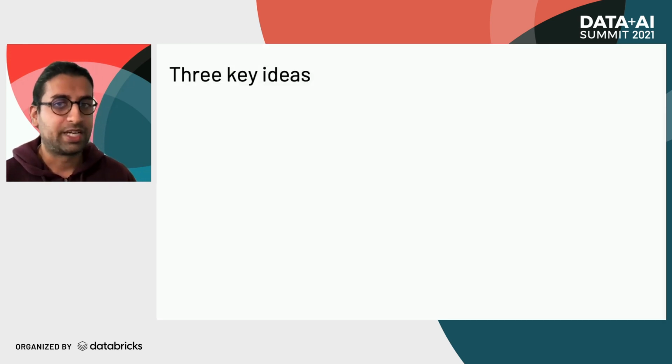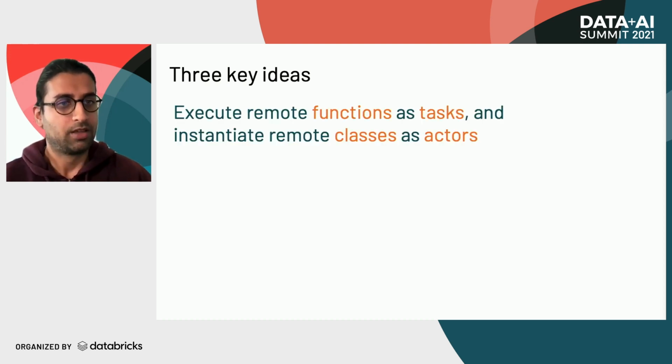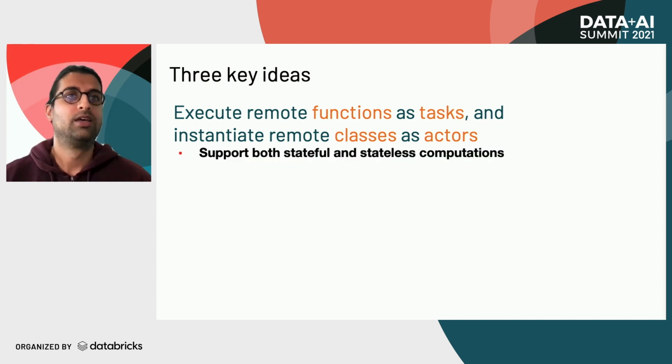So there are three key ideas at play with Ray. The first is executing remote functions as tasks and instantiating remote classes as actors. So this is the task and actor paradigm from distributed computing. And it naturally maps onto functions and classes, which as a programmer, you're already familiar with. And the key thing here is this allows you to support both stateless and stateful computations.